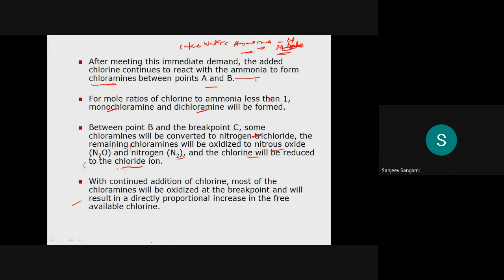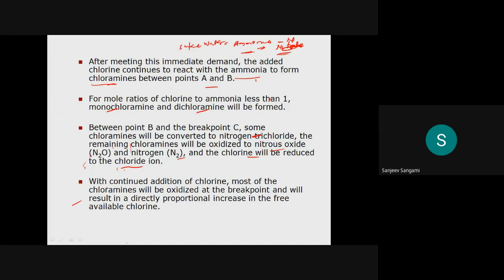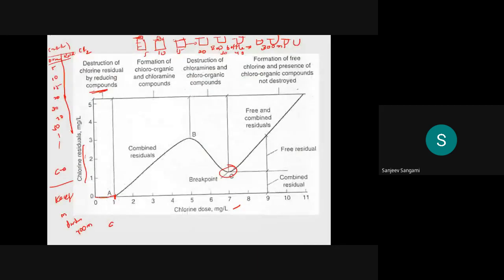Once you increase it, up to here you can say the chlorine residual is increasing. What is this chlorine residual? Assume that you have added 100 milligram per liter. Initially, it is going to oxidize at 1 milligram per liter, so zero chlorine residual.